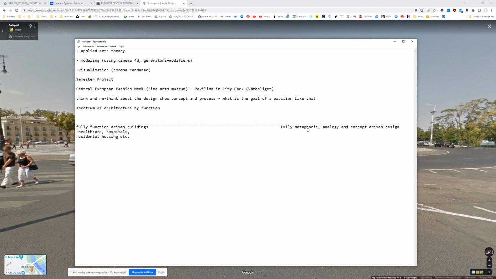And let's say here we have some kind of mixed use. We are here, by the way, in the applied arts theory. This is the first segment now.